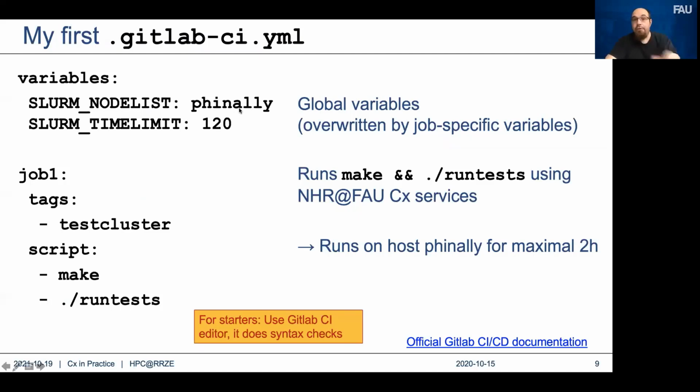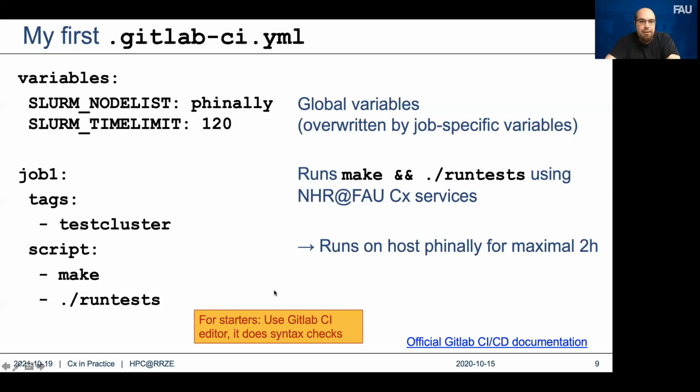So the default node is finally, and the default time limit is 2 hours. You can define own variables inside the job that override these global variables. So you can add them, you can omit them, it's up to you. This basically runs make and run tests on some test cluster node, in our case, the finally node.